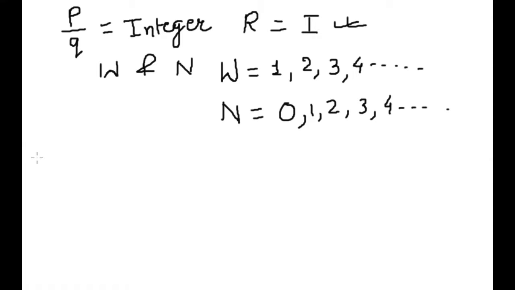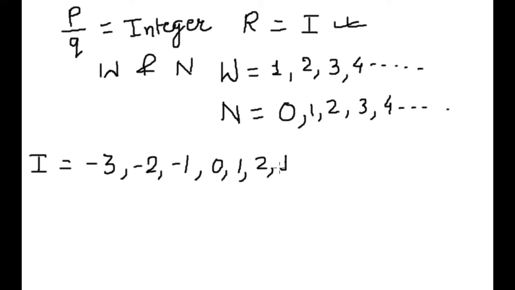And the integers, which contain negative numbers also, that is -3, -2, -1, 0, 1, 2, 3. So if we will see, integers contain 0, 1, 2, 3 and so on.